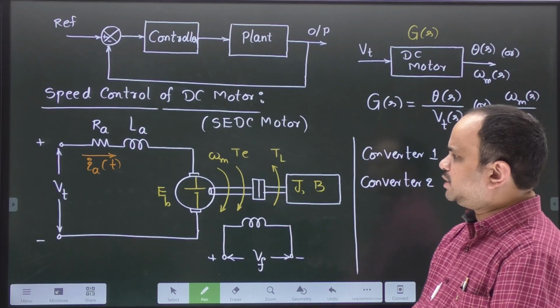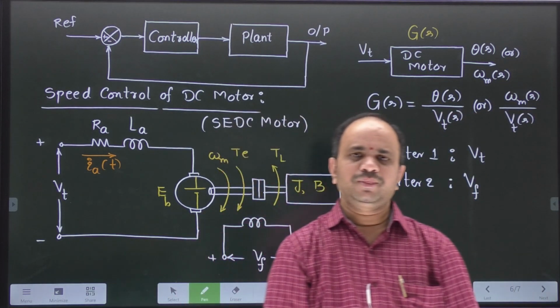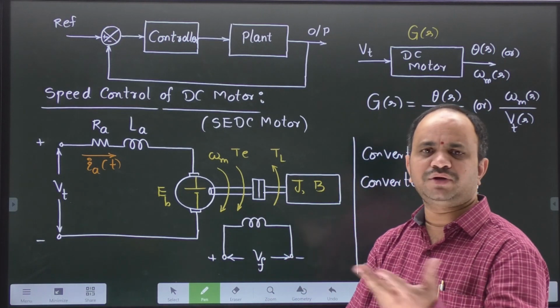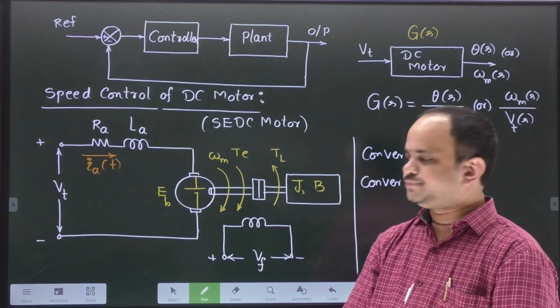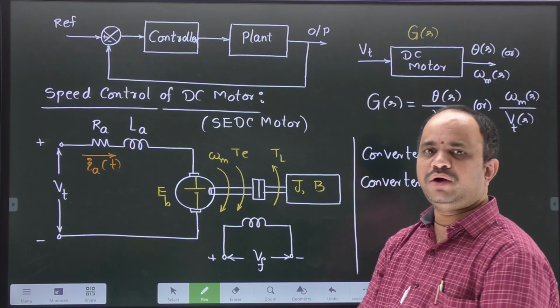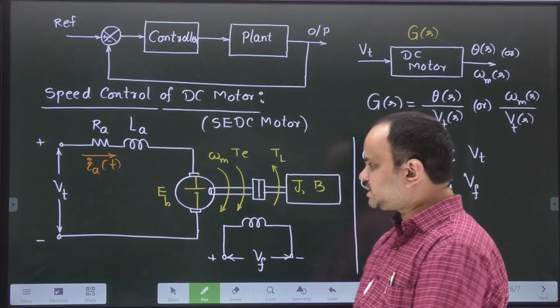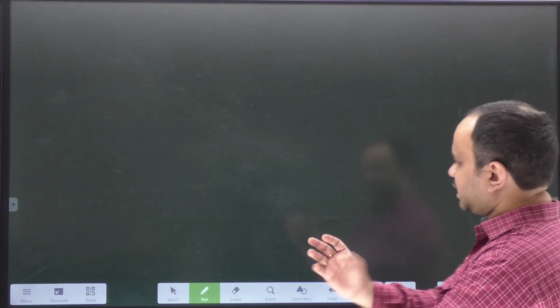For example, if the supply voltage is an AC voltage, then obviously you have to use rectifier circuits, depending on whether it is single phase or three phase. And if the supply is a DC supply, then you have to use chopper circuits. Now I will give you the list of various circuits that can be used.